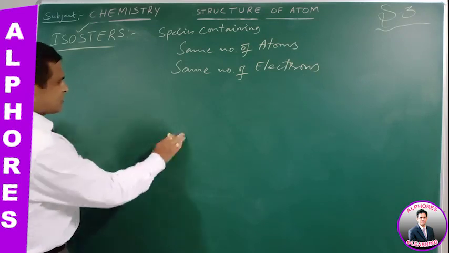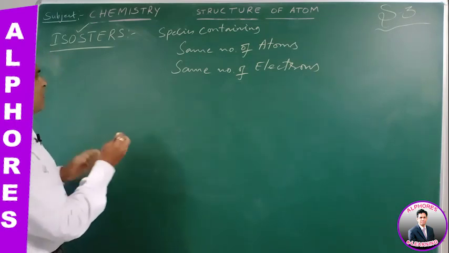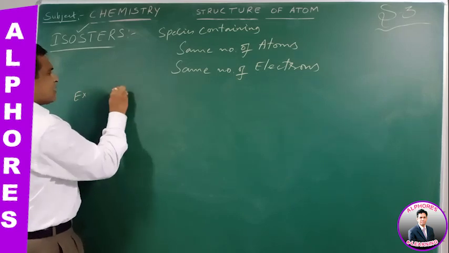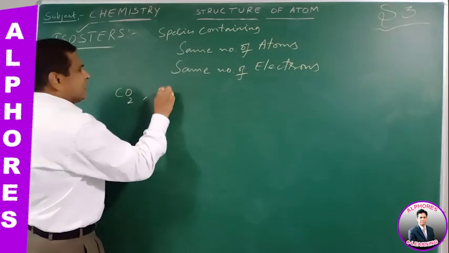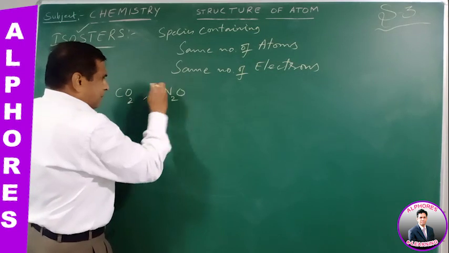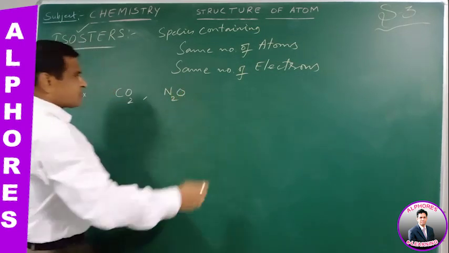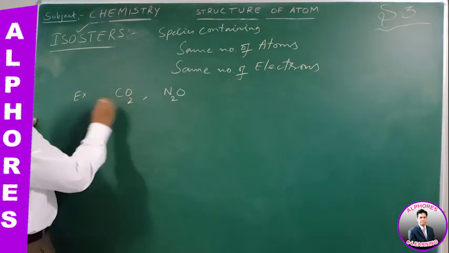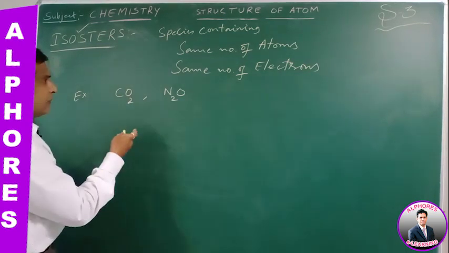Let us see a very good example of isosters: carbon dioxide and nitrous oxide. Can you recognize this? Nitrous oxide is commonly known as laughing gas. Now let us see the number of atoms.